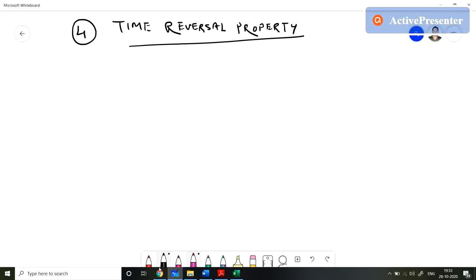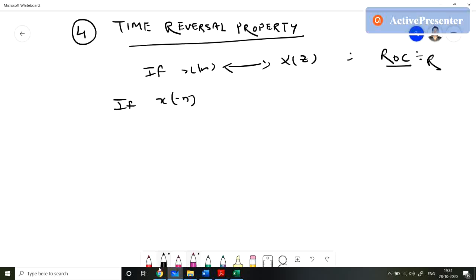So according to this property, if x[n] has Z transform X(z) and the ROC is R, then if we time reverse x[n] to get x[-n], the Z transform of x[-n] is equal to X(1/z).